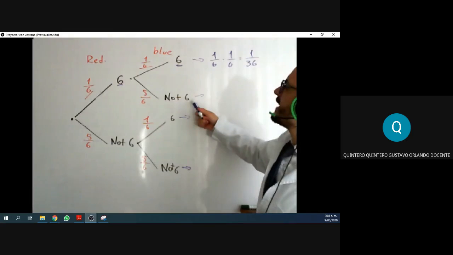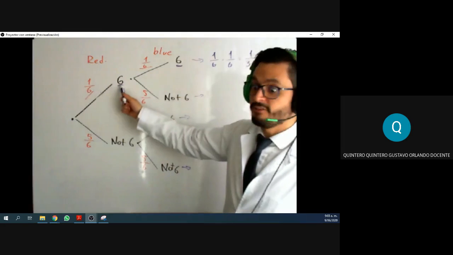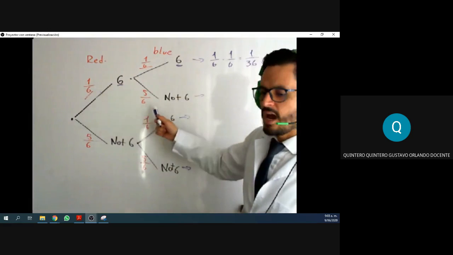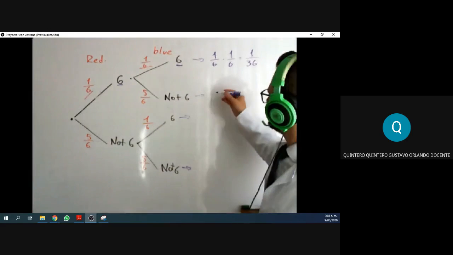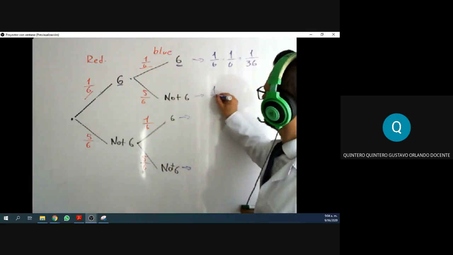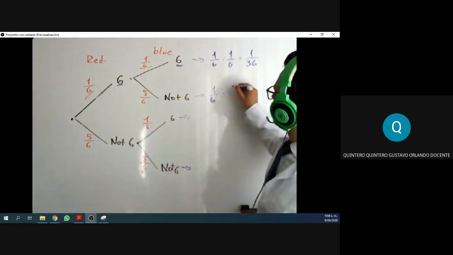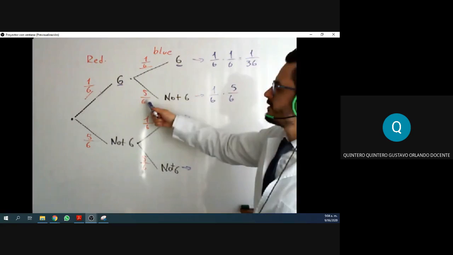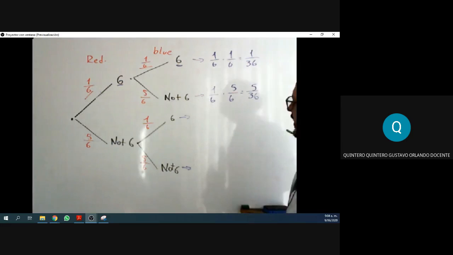So for example, let's say we want to calculate the probability of getting a 6 in the first dice and not getting a 6 on the second one. How do you do that? This is then 1/6 because of the first probability times 5/6 because of the second probability. This will be 5/36. Same with each and every one of these.